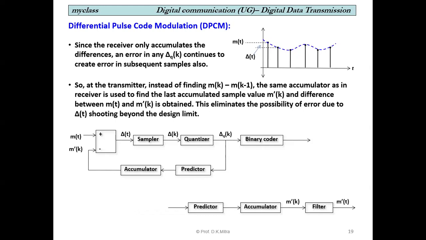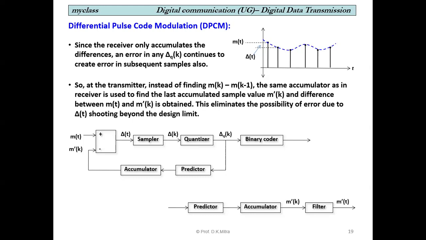Now, other aspects of differential pulse code modulation: it only accumulates the differences. Look, the receiver is not getting the nth sample value. The receiver is only getting the difference between the nth sample value and the (n minus 1)th sample value. And there is a digital transmission in between.